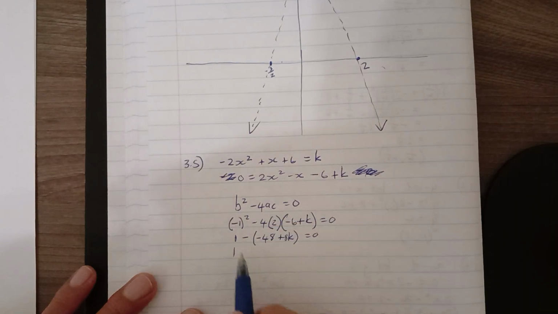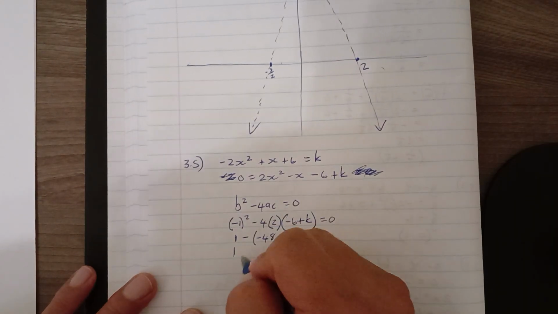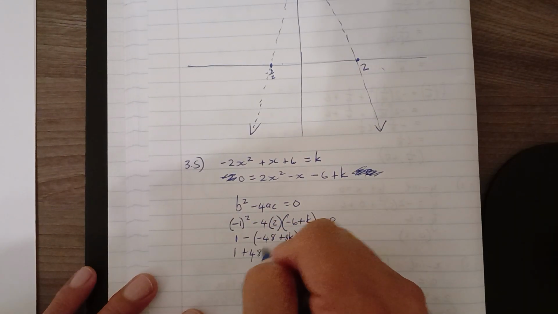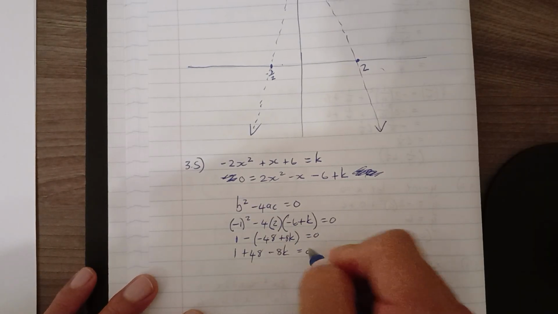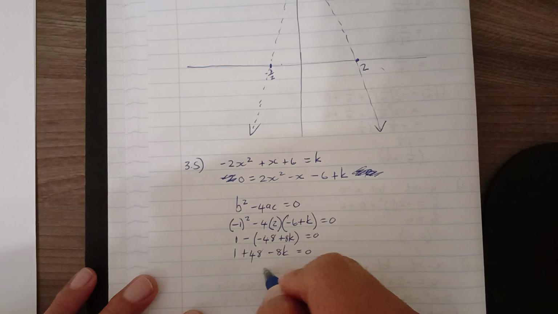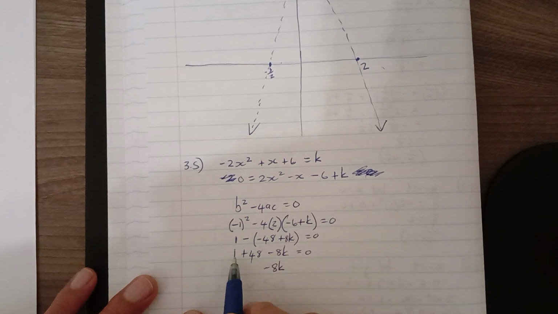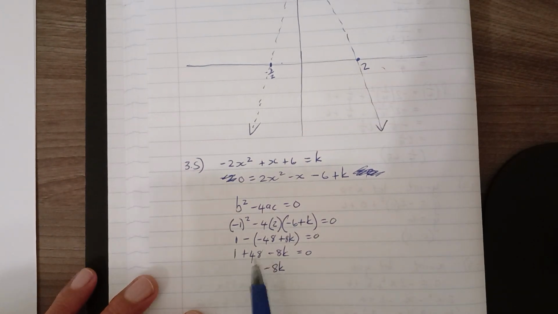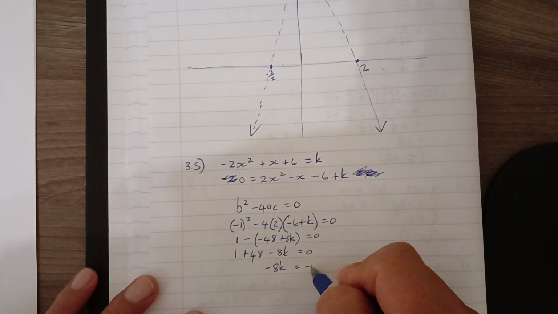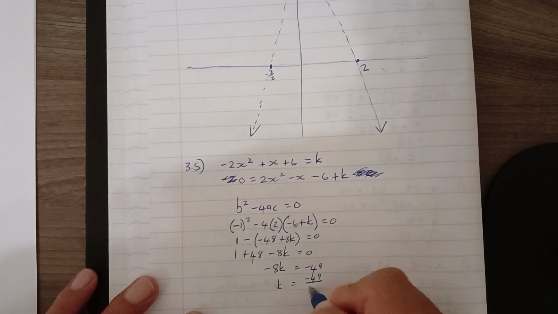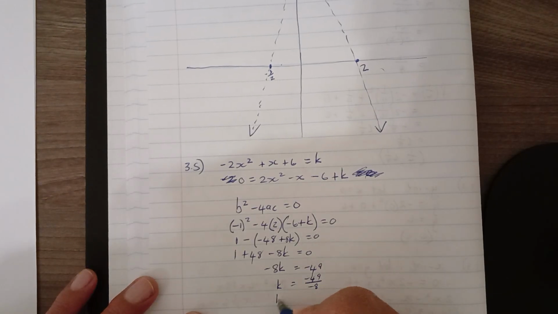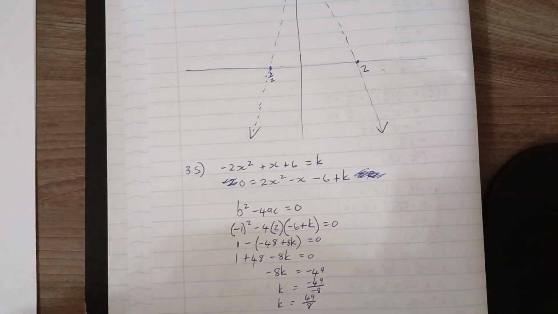Okay, now 1 minus negative 48 is going to be plus 48 minus 8k. So that's going to be negative 8k. That added together gives me 49. If I take it over, it's going to be negative 49. So k is negative 49 over negative 8, which is 49 over 8. And that's my answer.